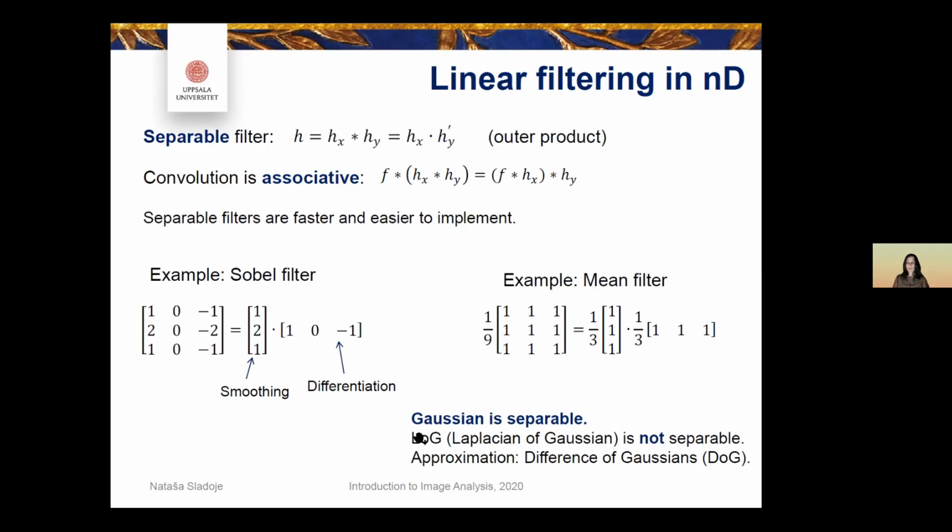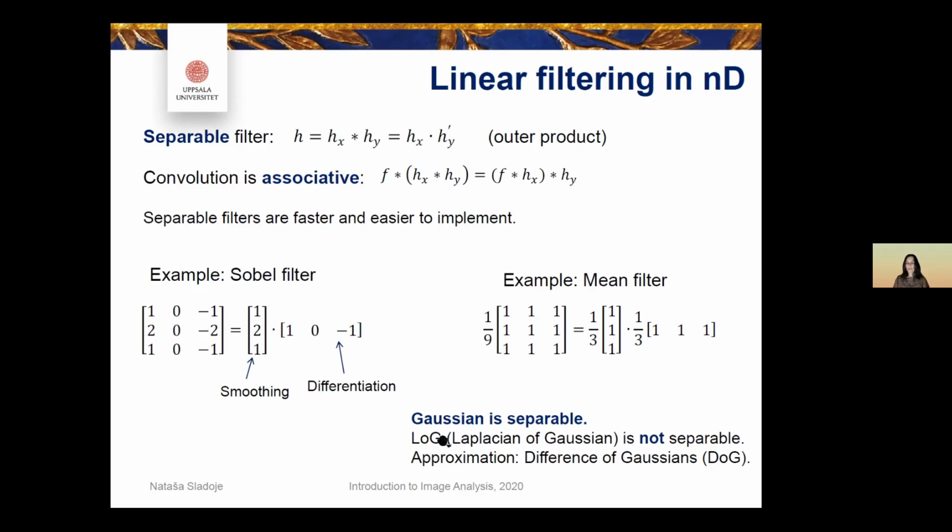But there are others which are not. For example, Laplacian of Gaussian, that we also commented on, is not separable. The gains of having separable filters are such that there is also a desire to find approximations of important filters which are separable, even though the original filters are not.